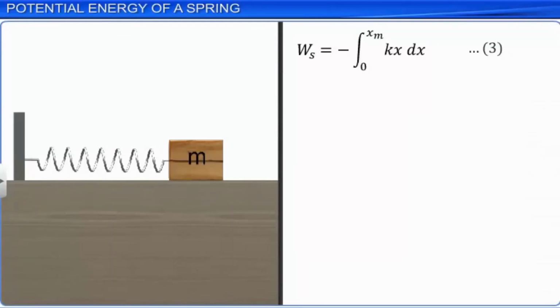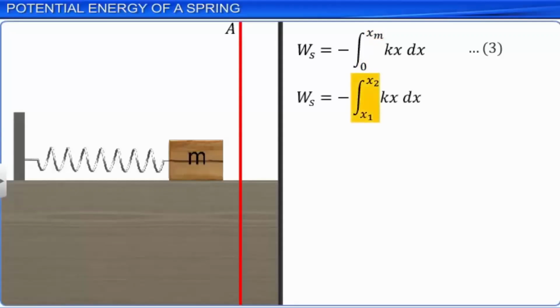In equation 3, W is equal to minus integral kx dx in the limits 0 to xm. We know that the initial displacement is 0 and the final displacement is xm.